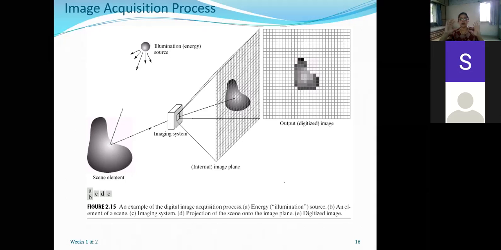All those images are combined at the visual cortex of the human brain, and then it gives us an idea of a 3D object, or an idea of the real object.